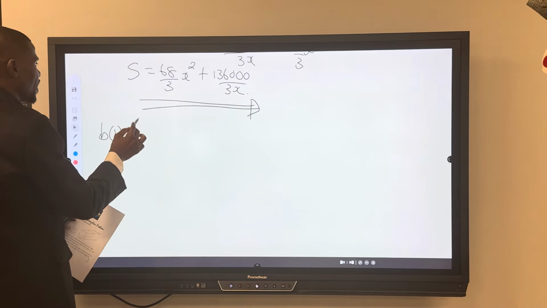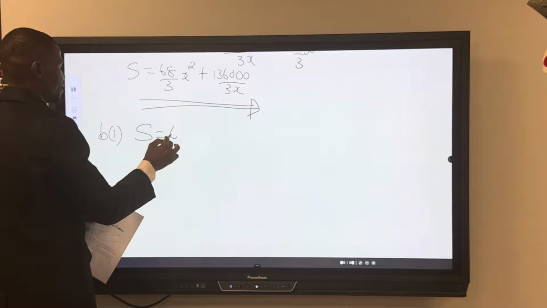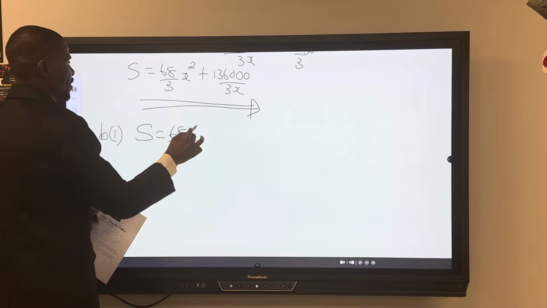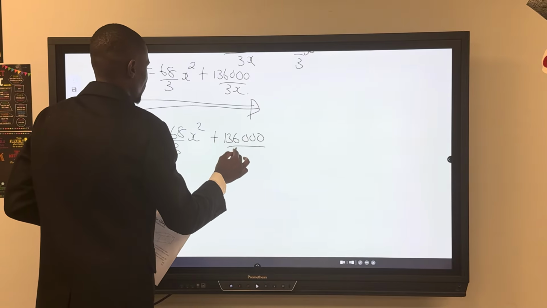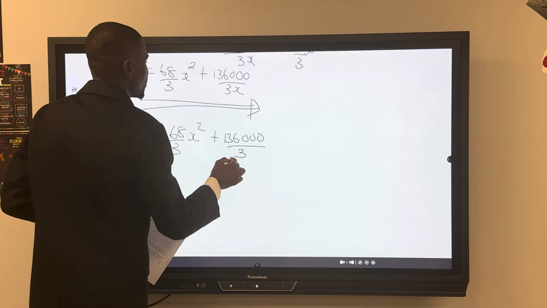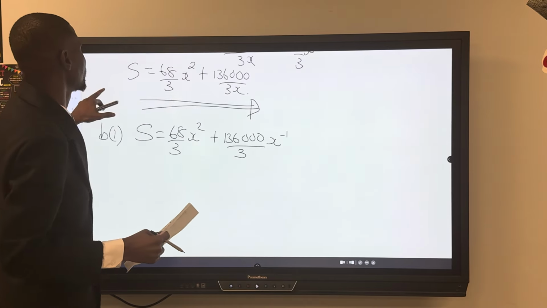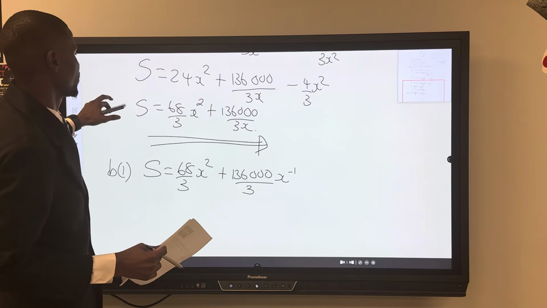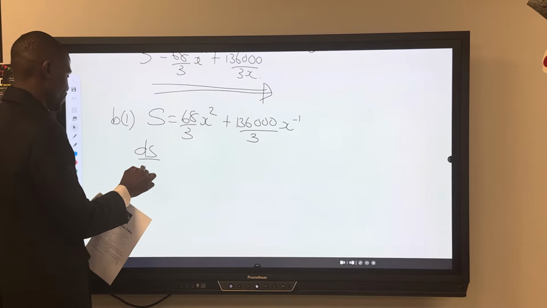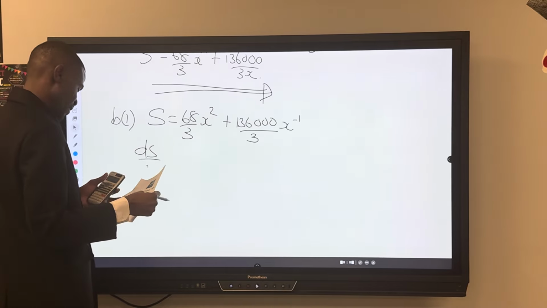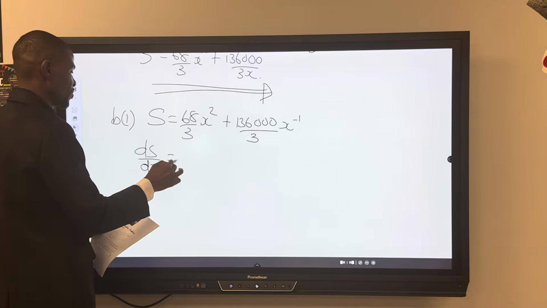So we know that s is 68 over 3 x squared plus 136,000 over 3, x to the negative 1. Now when we differentiate, to find the optimum value here, ds/dx should be equal to 0.